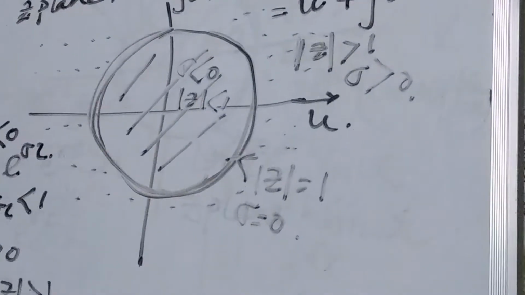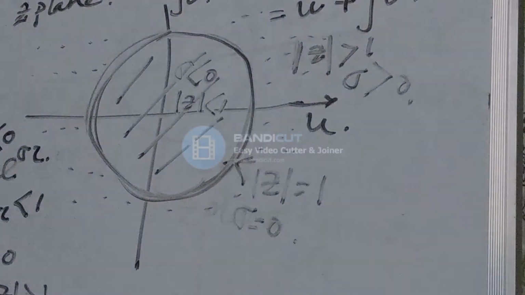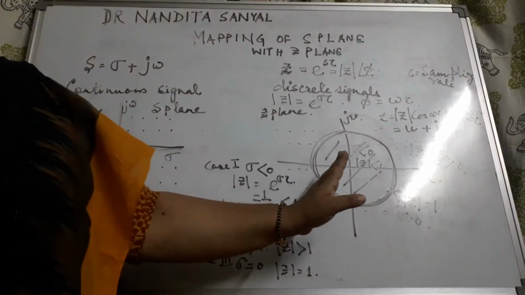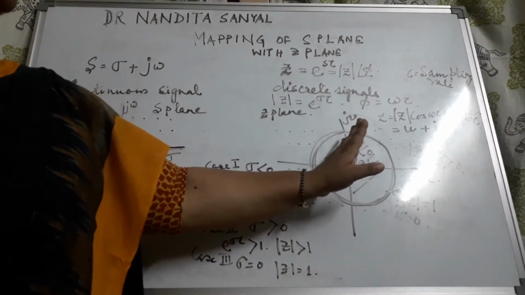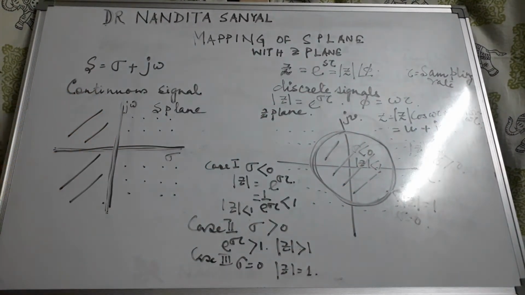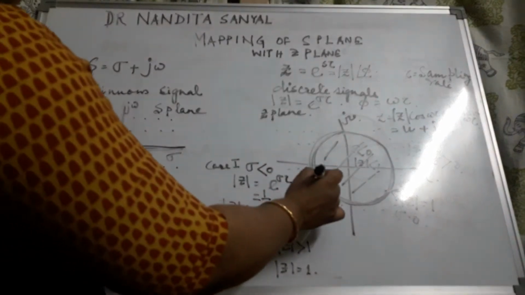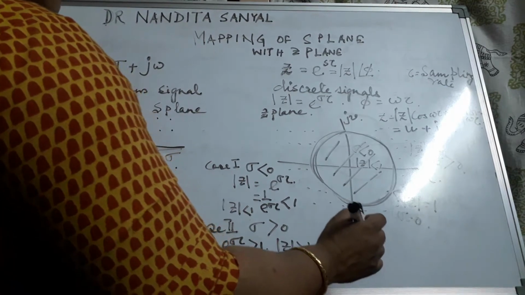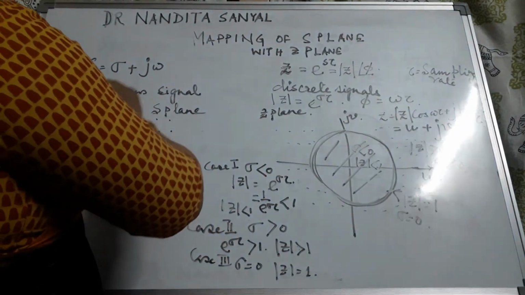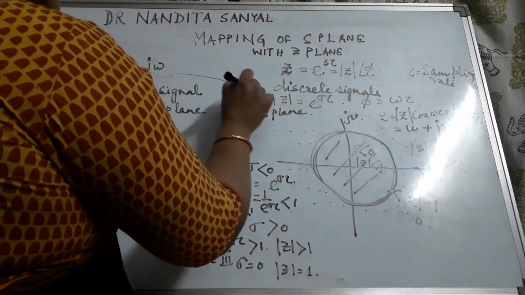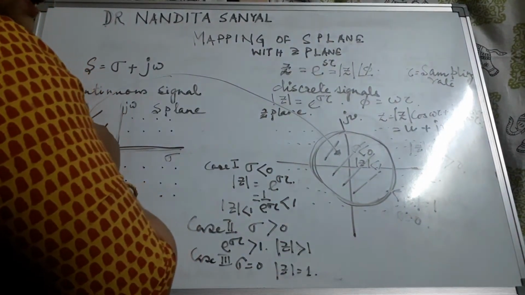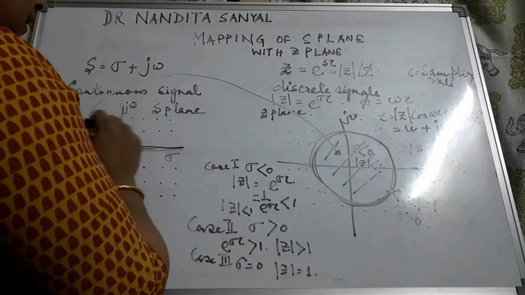So the location of poles in the S-plane can be directly mapped to the Z-plane, and we can find out the stability of the system in the discrete domain. Poles in the left half can be placed in the interior of the unit circle.